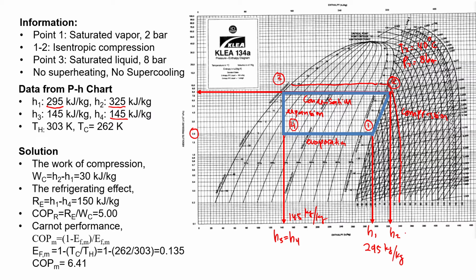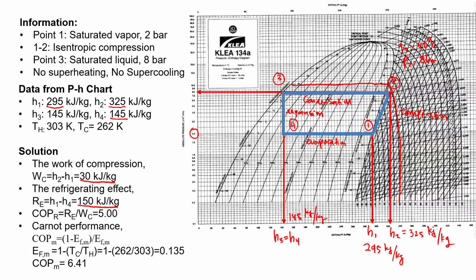So the work of compression is easy. It is H2 minus H1 equal to 30 kilojoule per kilogram. The refrigeration effect is H1 minus H4, which is 295 minus 145, equal to 150 kilojoule per kilogram.